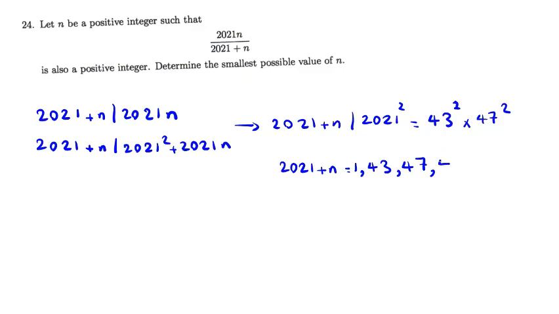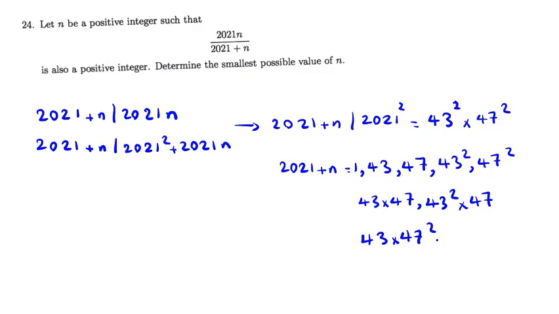You have 9 possible cases: 43 squared, 47 squared, 43 times 47, and 43 squared times 47, 43 times 47 squared. It has 9 positive divisors: 3 times 3, 9.